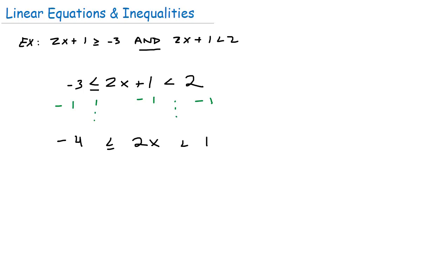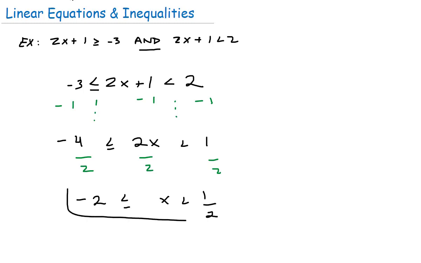Then if we divide everything by 2, we have our solution set: -2 is less than or equal to x, which is less than 1/2. And this is the solution set to this compound inequality.